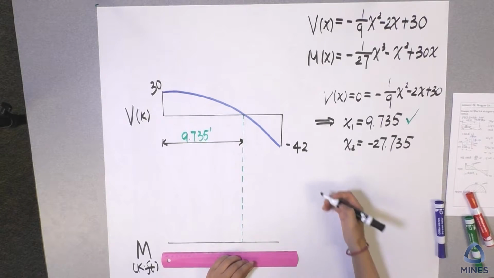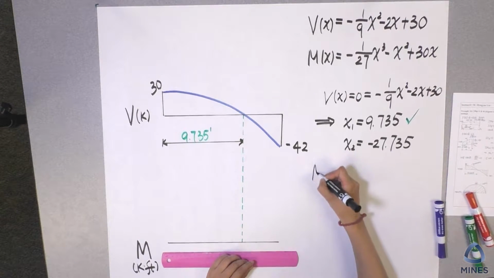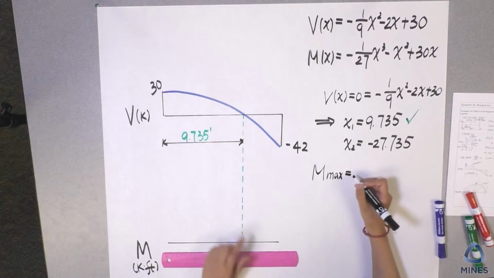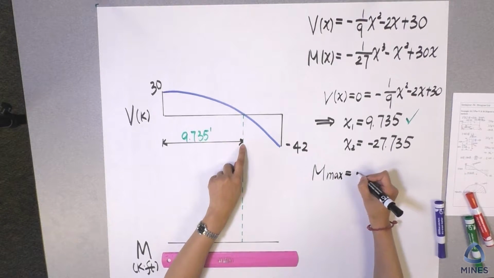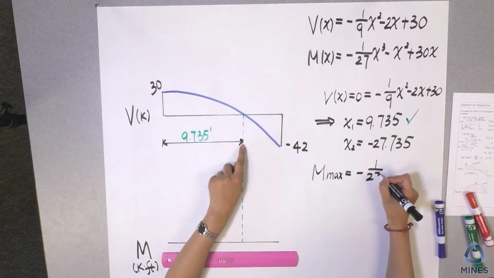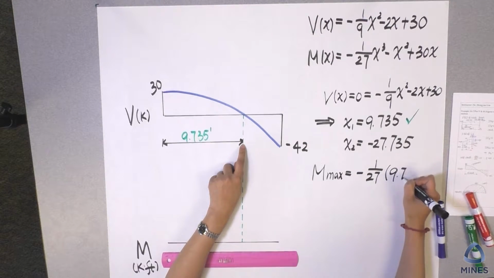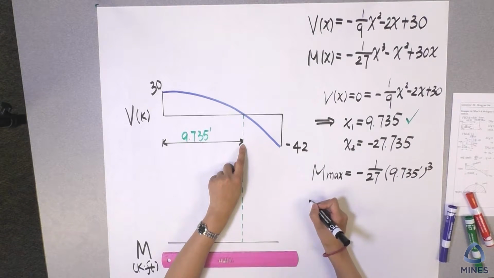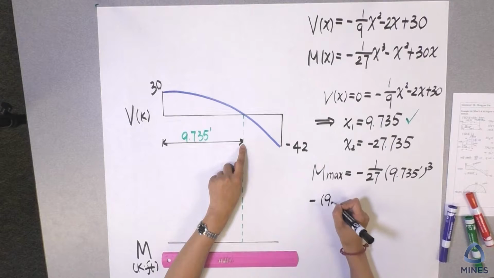So what we do is find the maximum bending moment at this location. We are going to plug the distance we just found into the moment function.